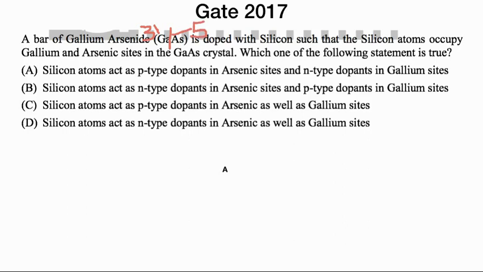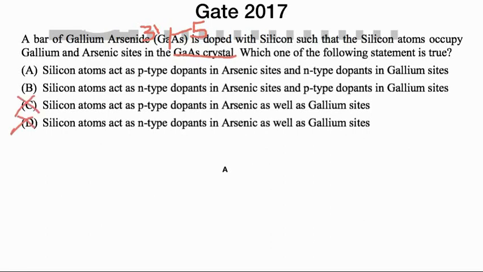Now if we dope the gallium arsenide bar with an impurity, then since the two elements belong to different groups, we cannot say that silicon acts as n-type in both or p-type in both. This could not be possible.